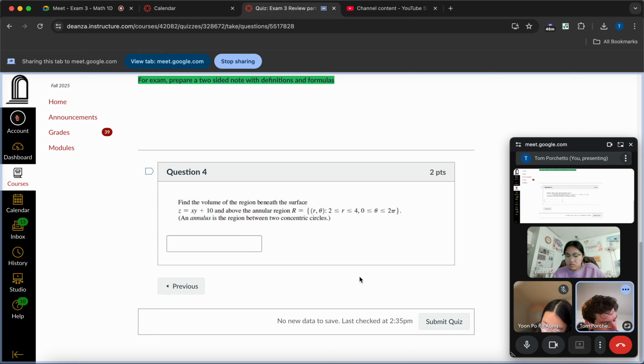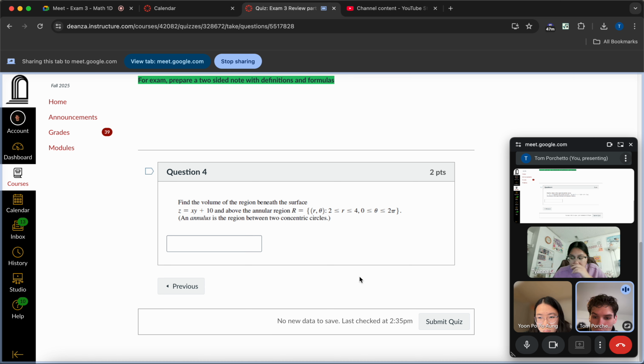Okay, so here we should work in terms of polar coordinates. So we said x equals r cosine theta and y equals r sine theta.